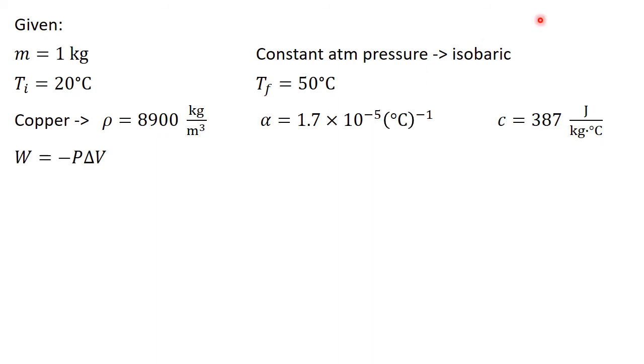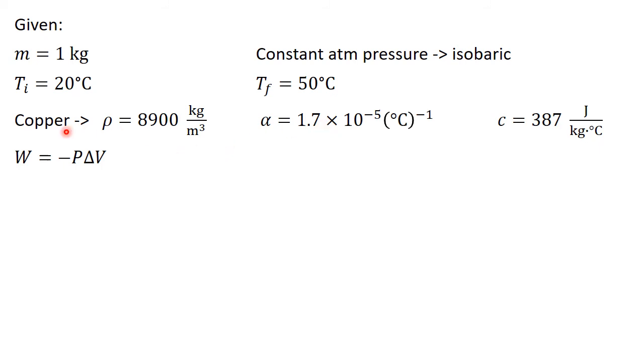And since it is a constant atmospheric pressure, isobaric, the work done is equal to the negative of pressure times the change in volume, or that is delta V equals Vf minus Vi. However, hindi binigay yung initial volume and final volume. Okay.